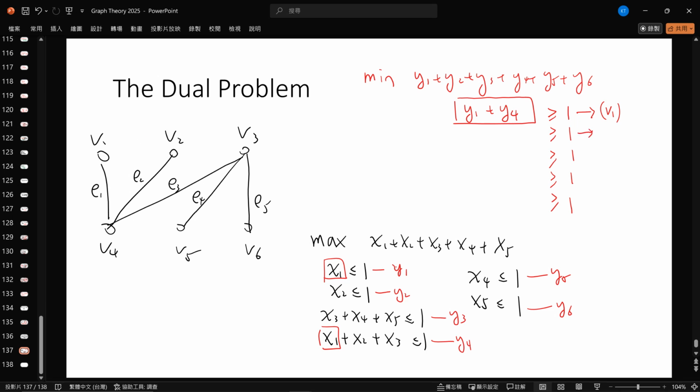Next, the coefficient of x2. Let's find x2. x2 appears in these two inequalities, first for v2 and for v4.